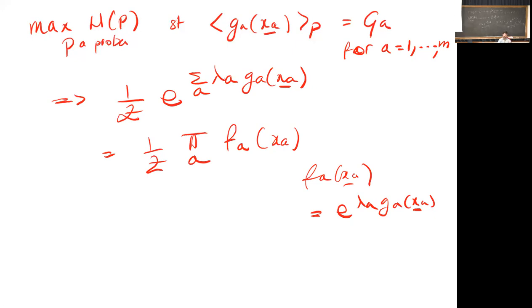So if you apply the maximum entropy principle under generic constraints of this form, which means that you fix some statistics, what I call a statistics is an object like this, an average of a function of the random variable.